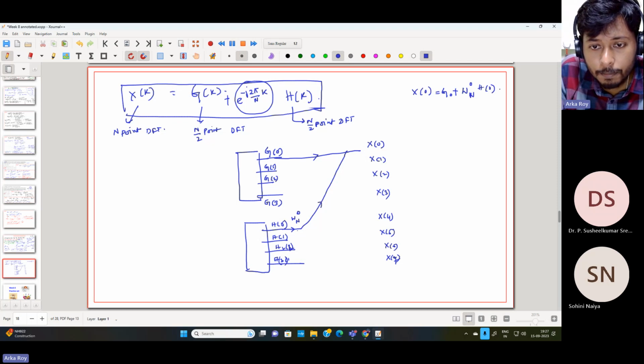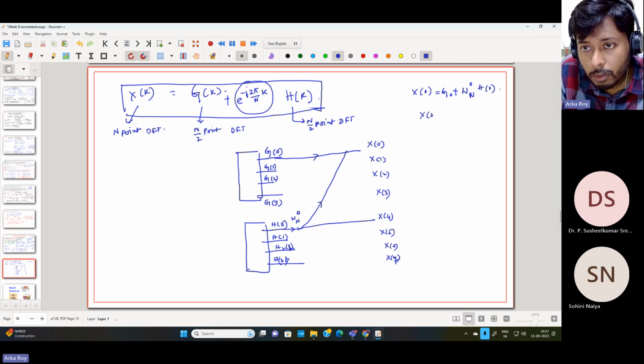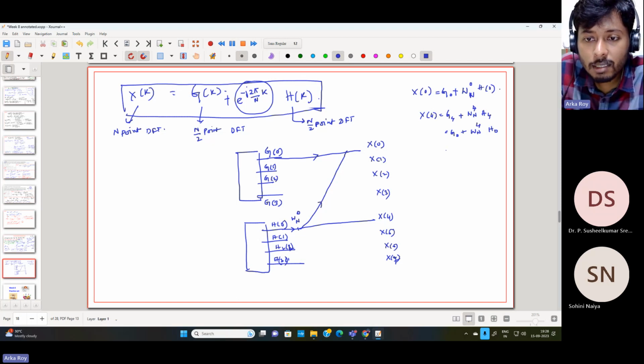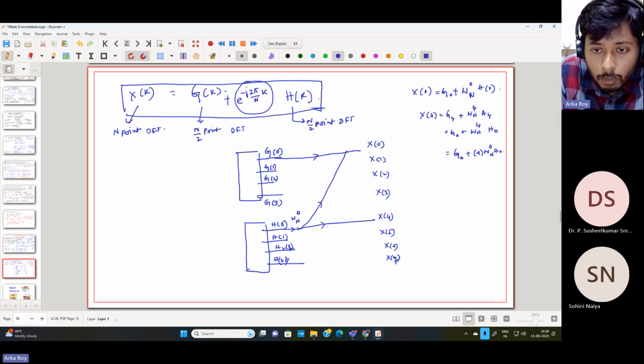Likewise, if I write X of 4, it would be G4 plus W n to the power 4 times H4. I have already said that G4 is G0 and H4 is H0. So now what is W n to the power 4? It is basically minus 1 multiplied with W n 0. So X4 is G0 minus 1 multiplied with W n 0 H0. So over here it will be a minus 1.